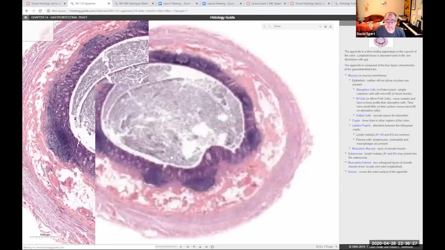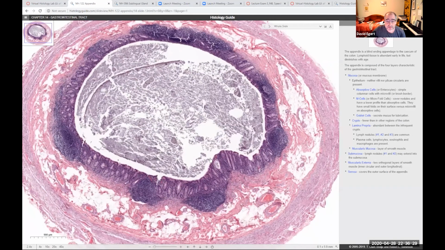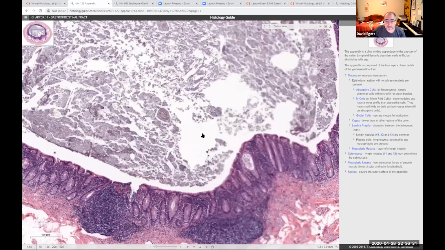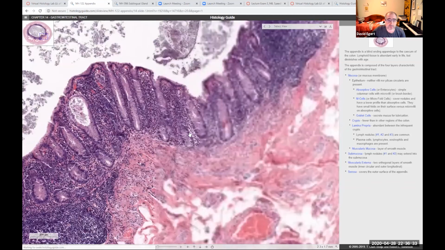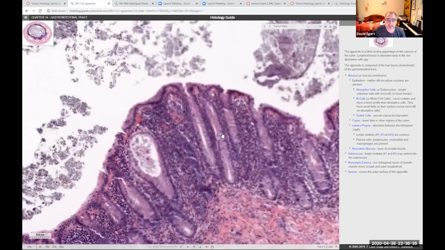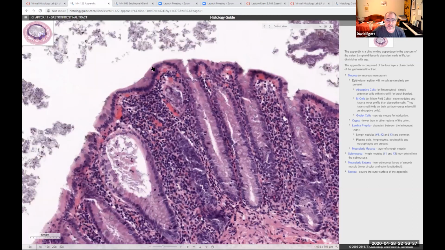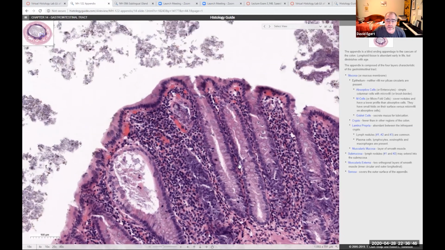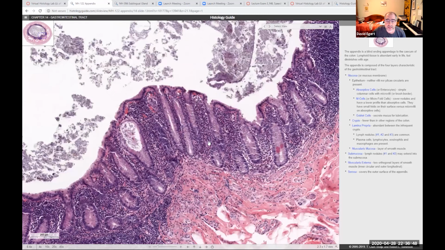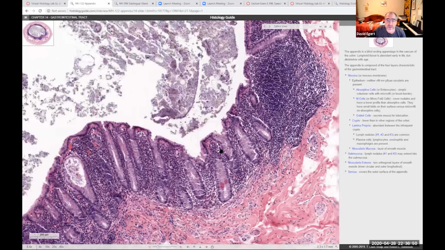Colon. Here we have these crypts. Basically, the columnar epithelium goes down into these long crypts that have lots of these mucus-producing goblet cells. If you cut it at more of an angle, let me see if they got it here.